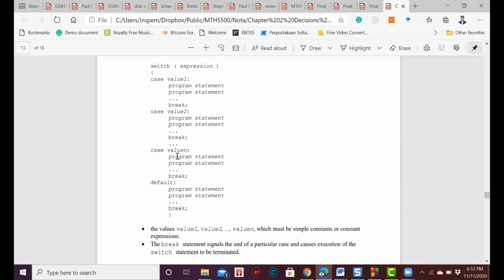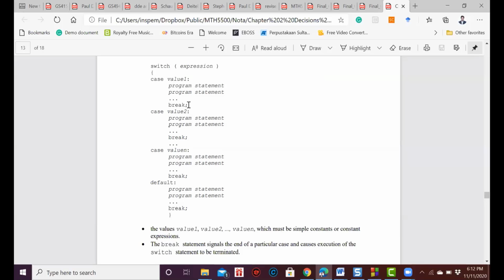So what happens if we are missing break? If we are missing break, then for example, if value 1 is correct, we execute all the statements without break. The compiler will go on to the next one, value 2, and so on. This is the logic, so pay careful attention.